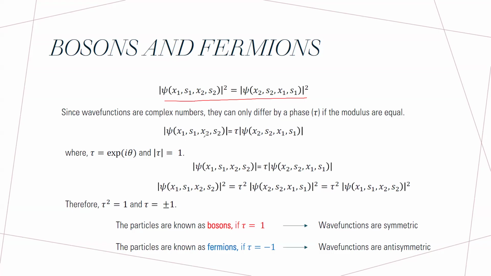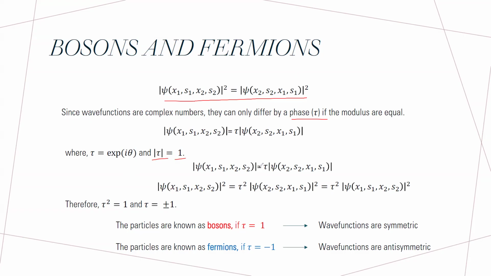So we can write the magnitude of psi of x1 s1 x2 s2 as tau times the magnitude of psi of x2 s2 x1 s1. So tau is the phase, and that is also equal to exponential of i theta. Therefore, the magnitude of the phase is equal to 1.